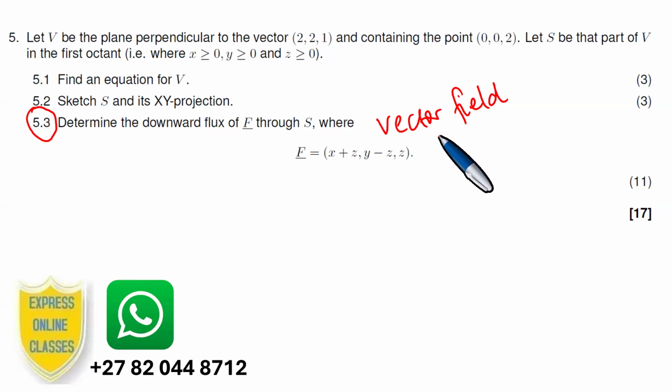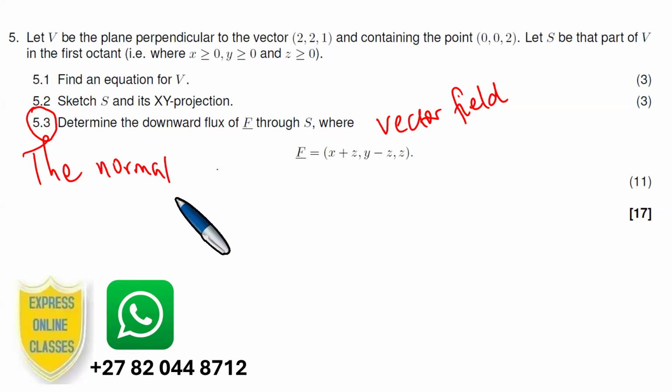the normal. So we say first the normal to S, because S is what? Let S be part of the plane in the first octant.